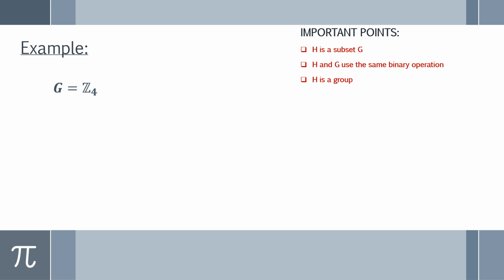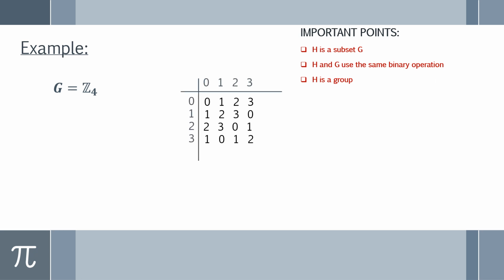So let us make a table out of this given. This will be the table. The process of making the table is right here. 0 plus 0 is 0. 0 plus 1 is 1, or 1 mod 4 is 1.